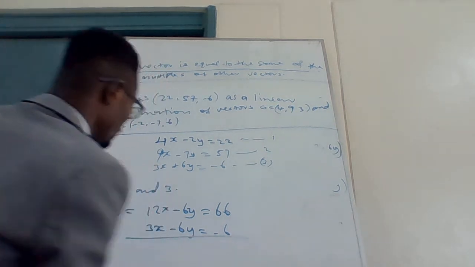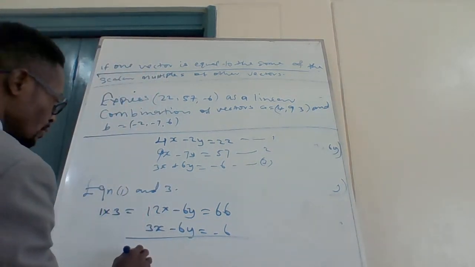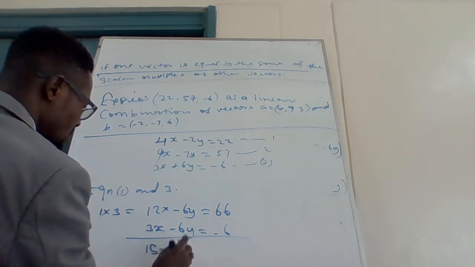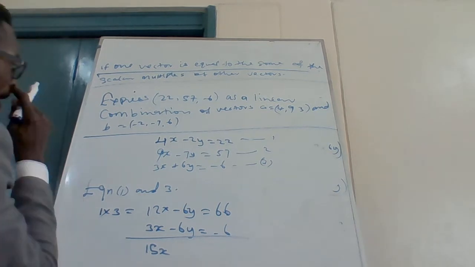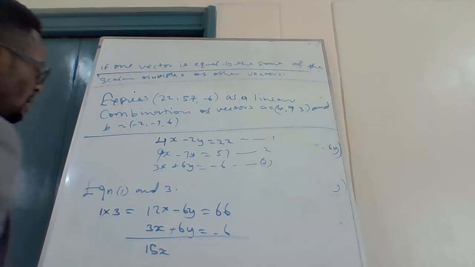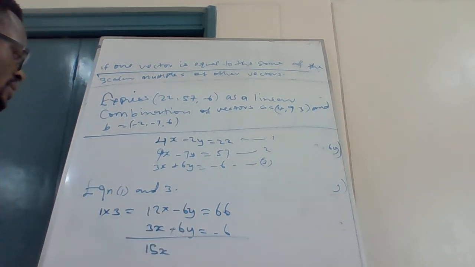So you add these two: 12 plus 3 will give you 15x. This is an addition sign. Minus 6y plus 6y is 0.